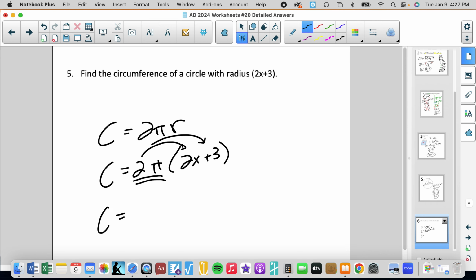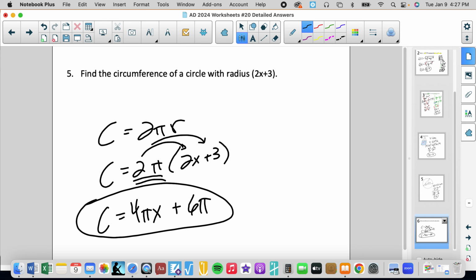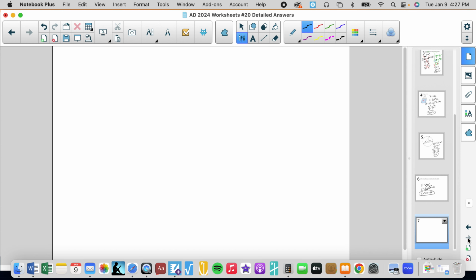So C equals 4x pi plus 6 pi. For pi x, we use the symbol for pi, which is a numerical value. So the circumference is going to be 4 pi x plus 6 pi. Yeah, that was the easiest problem.